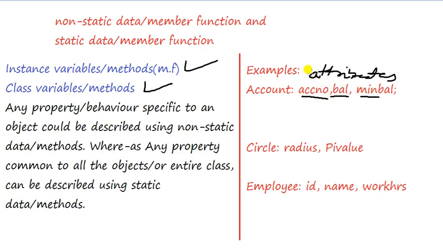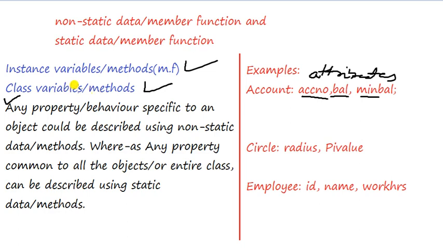Before we do that, let's see the definition. Any property or behavior specific to an object can be described using non-static data or methods, whereas any property common to all the objects or the entire class can be described as static.